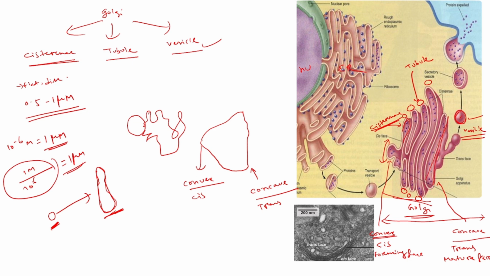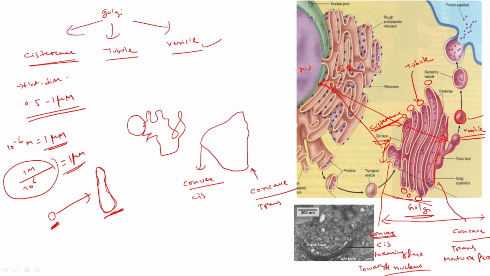And always remember that this cis face is facing towards the nucleus. Look at the structure. This face is always looking towards the nucleus. That means it is nearer to the nucleus in comparison to the trans face, which is very far in comparison to the cis face.